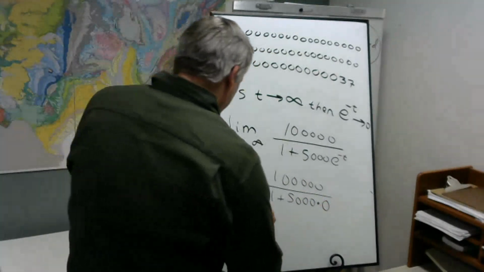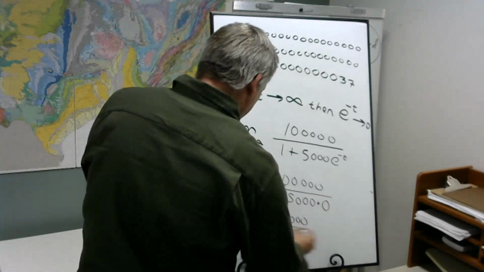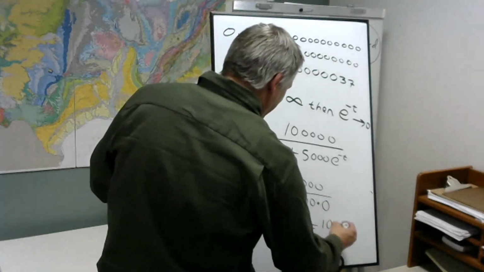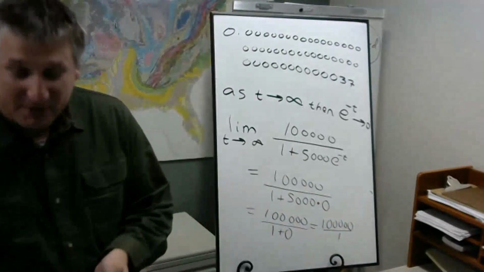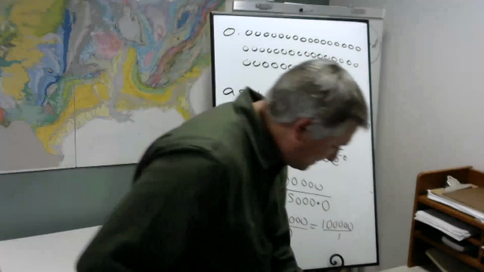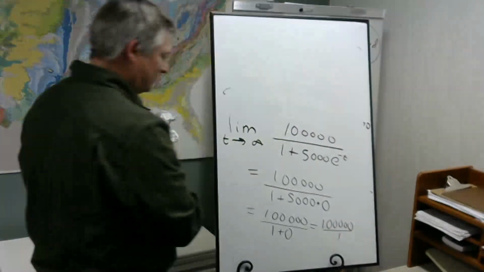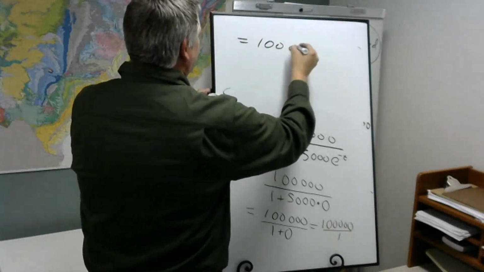And so we get 100,000 over 1 plus 0, or 100,000 over 1, and then we get our limiting population, 100,000.